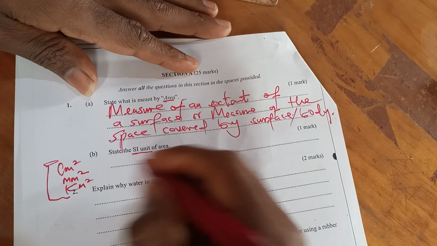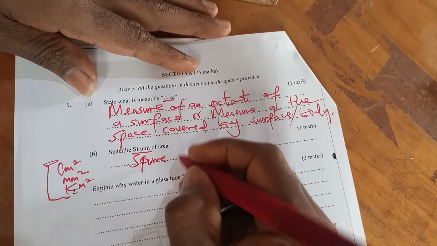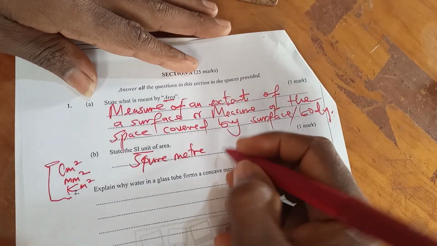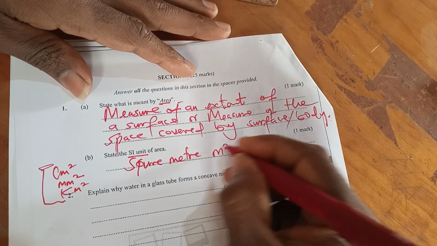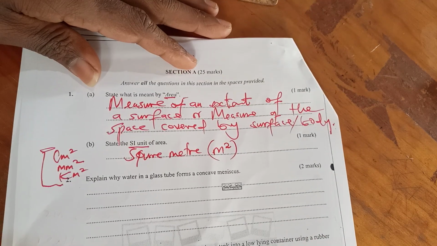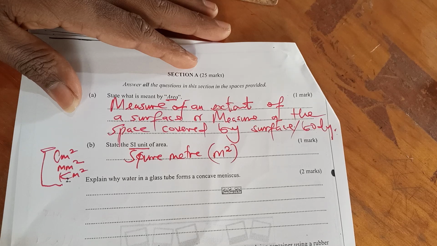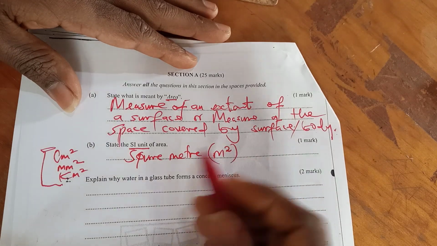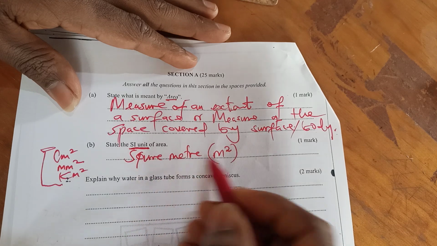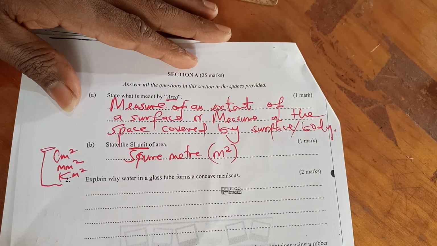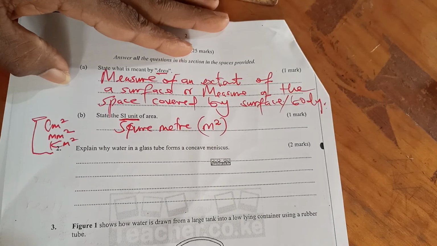So the main unit is the square meter, which is abbreviated in symbols that way. So that is the SI unit of area. It is also good when you are writing the SI unit, you write it in words and also in symbol. Then from there we go to number 2.